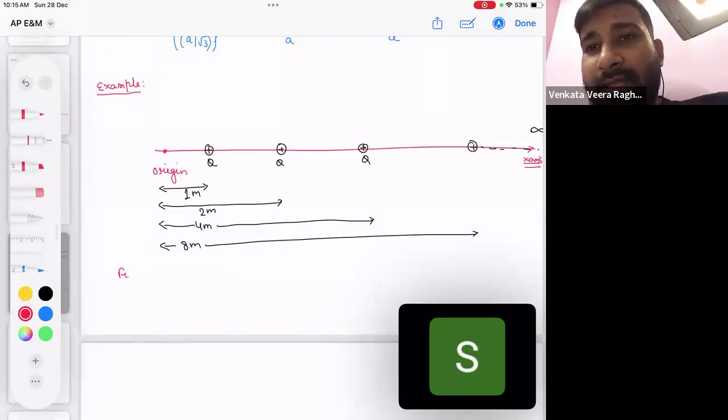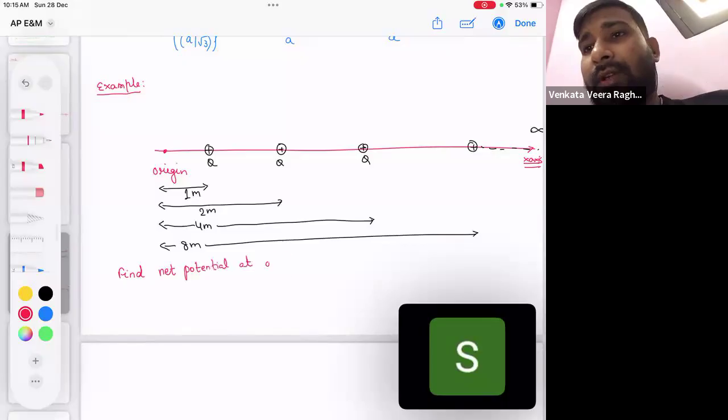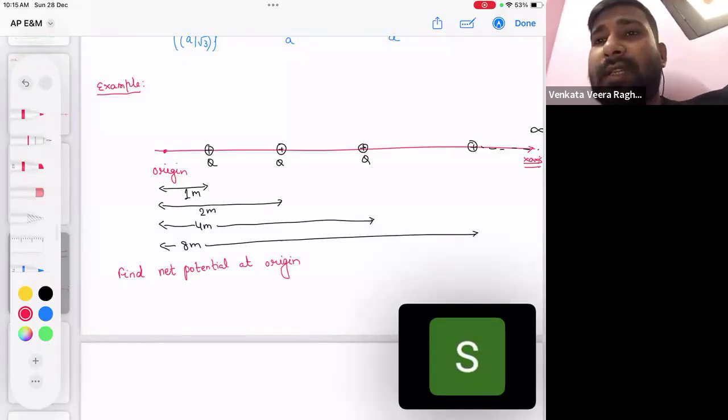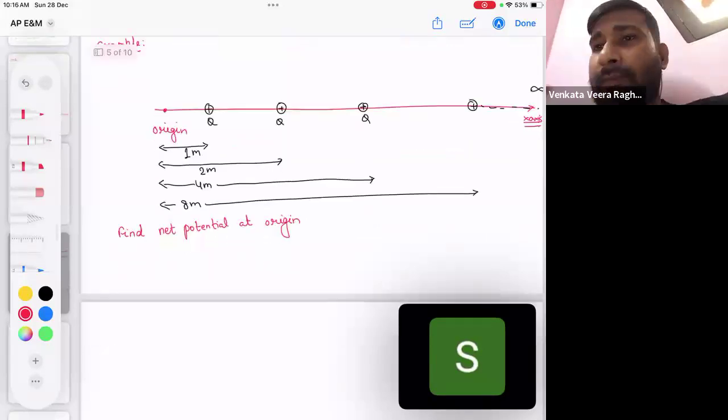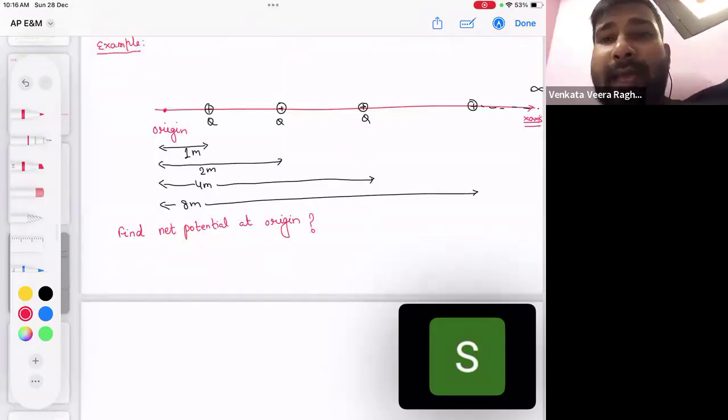So they are asking in the question, find the net potential at the origin. Let's see how much we are going to get. Please tell me what we will do here.